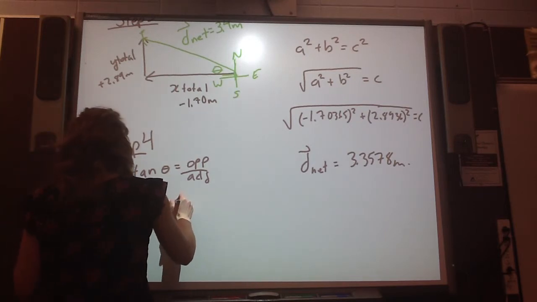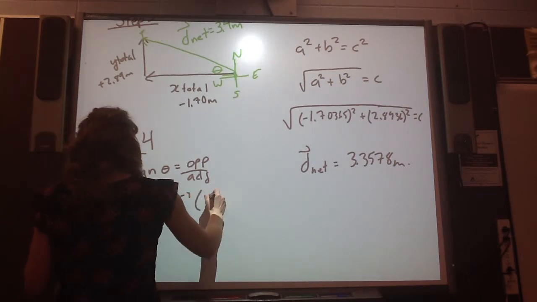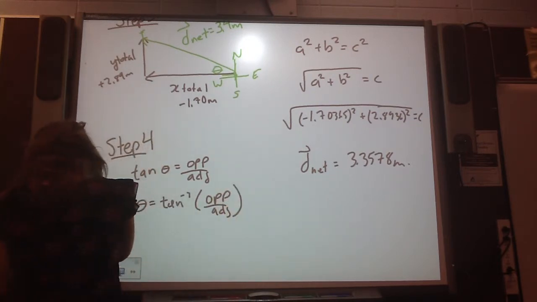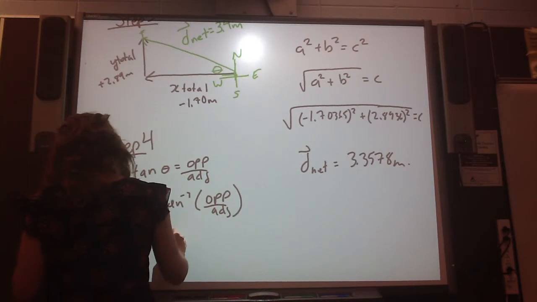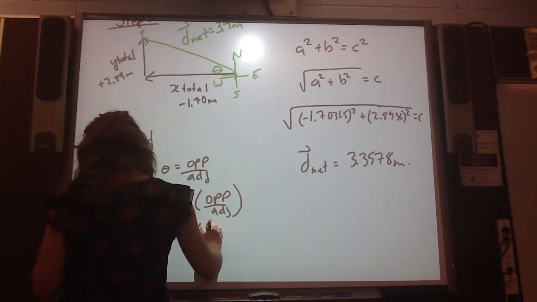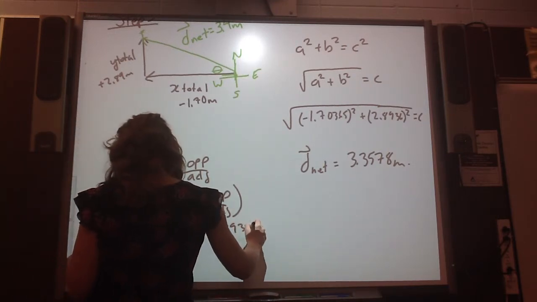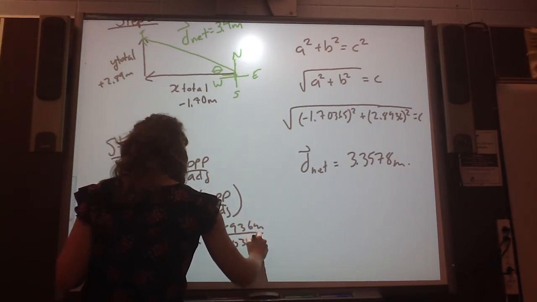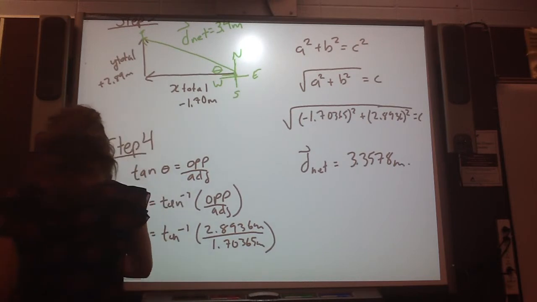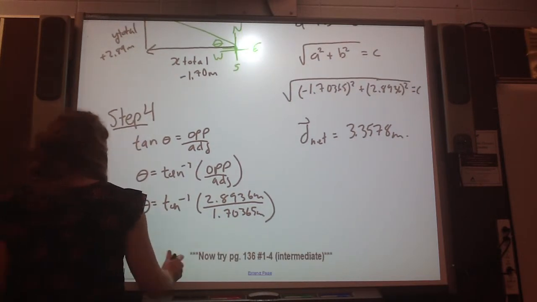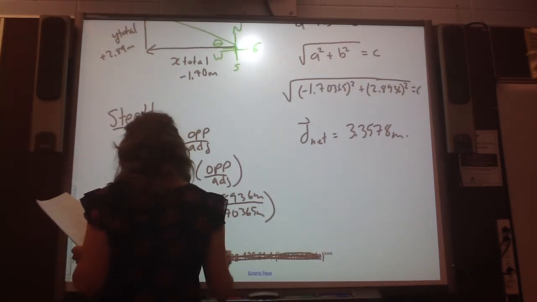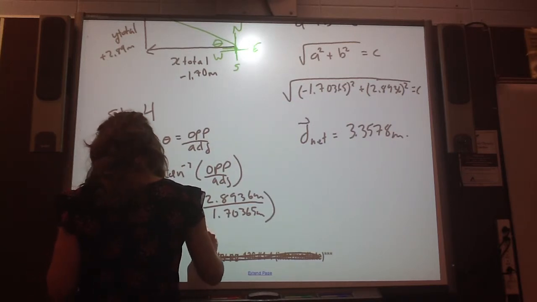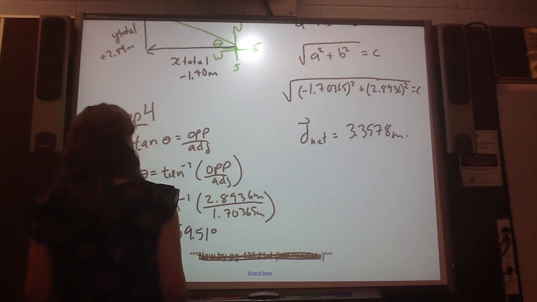That's equal to tan inverse of opposite over adjacent. So theta is equal to 59.51 degrees. Okay.